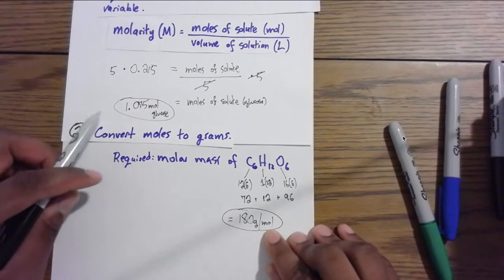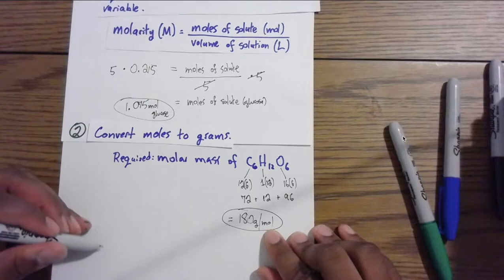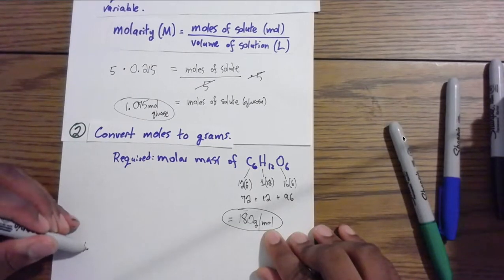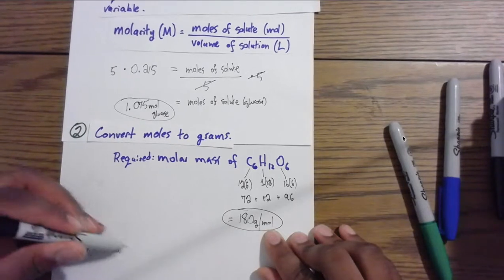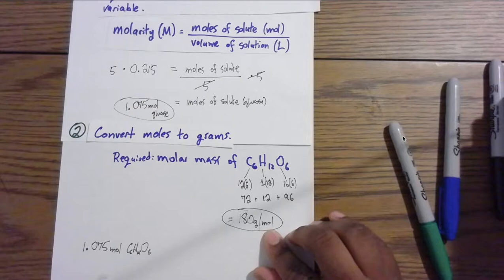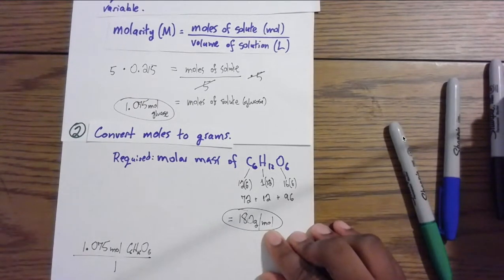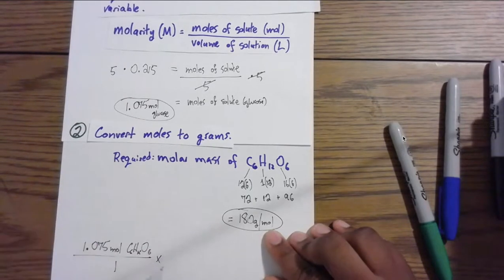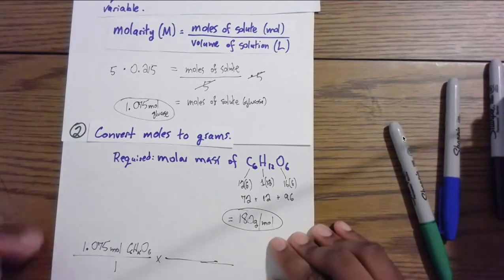As we can recall, our moles is 1.075, so let's start with that: 1.075 moles of glucose, C6H12O6. We set that up by putting it over 1, that way it's a fraction with a numerator and a denominator. We're going to multiply that by another fraction, which we call the conversion fraction.